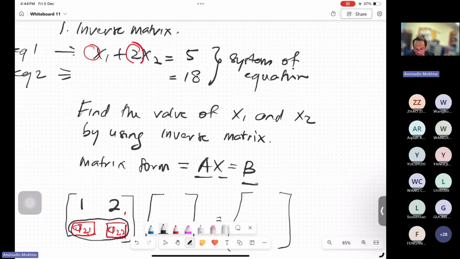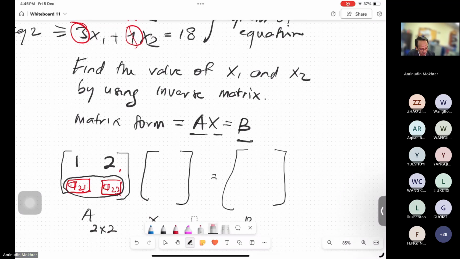The second equation is 3x1 plus 7x2. So the first coefficient is 3, the second coefficient is 7. So the second row of A is equal to 3 and 7.